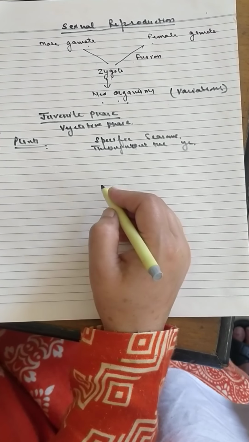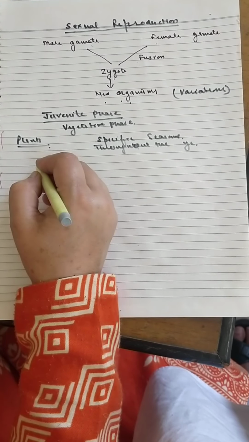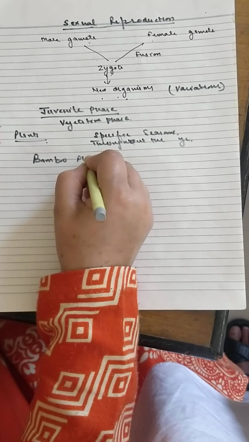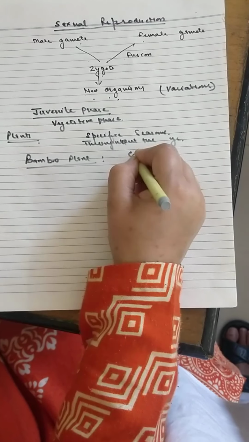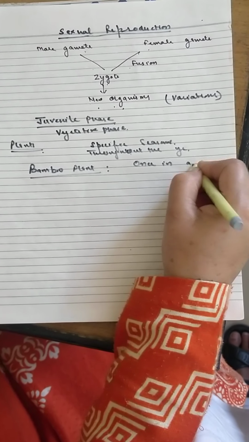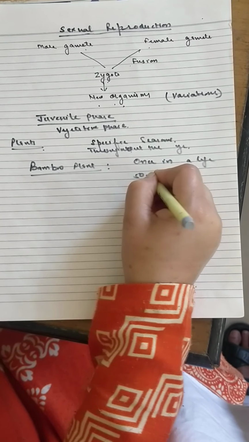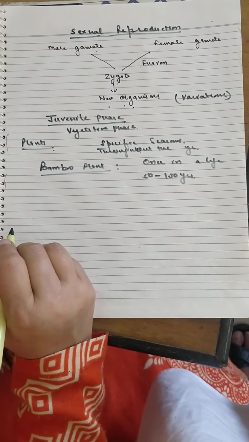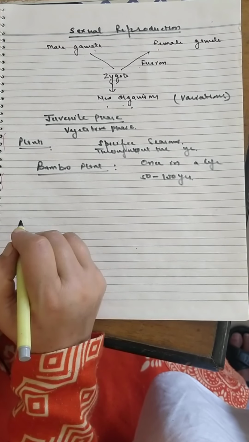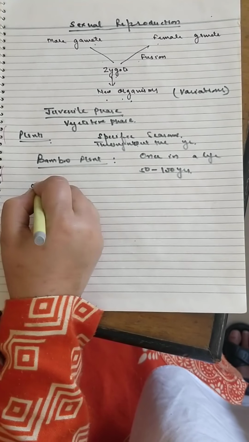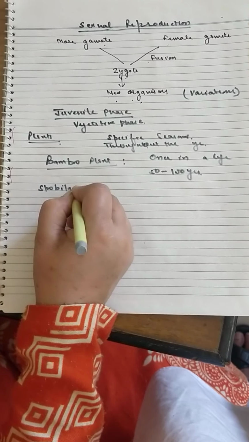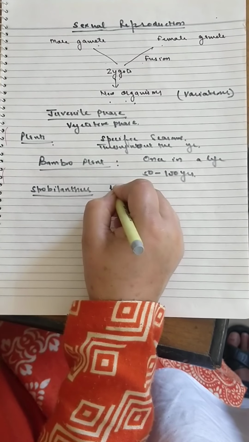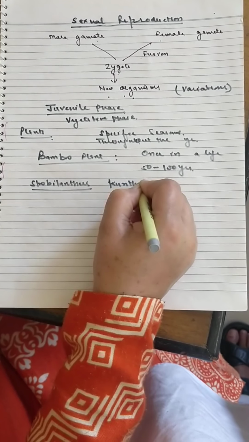Then there are some unique phenomena in some plants, like the bamboo plant, which flowers only once in a lifetime, after 50 to 100 years. Then it produces so many flowers and fruits, and then dies. Similarly, there is another plant, Strobilanthes. Genus name is Strobilanthes, species is kunthiana.